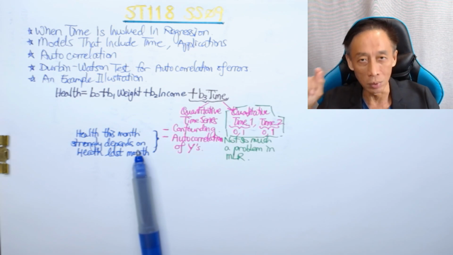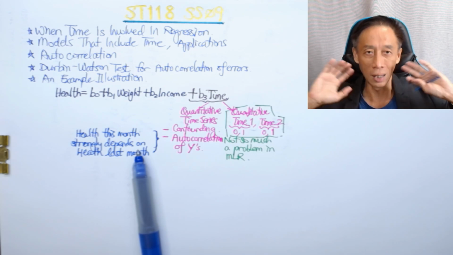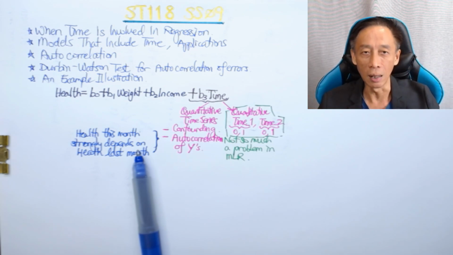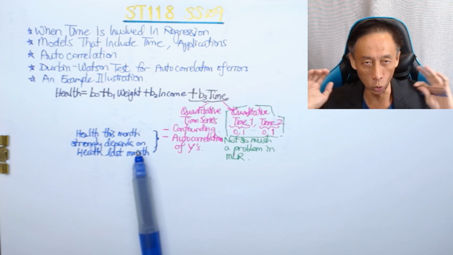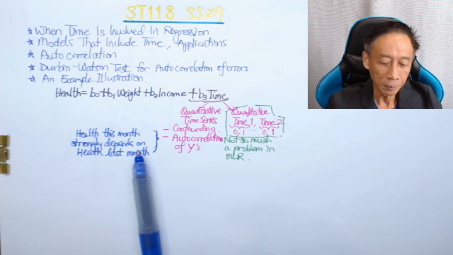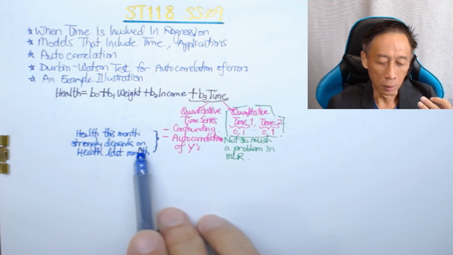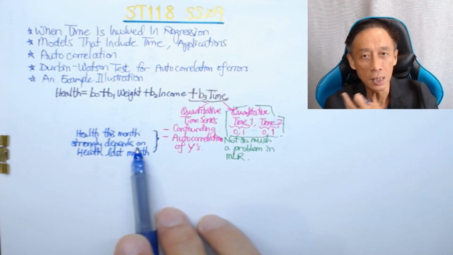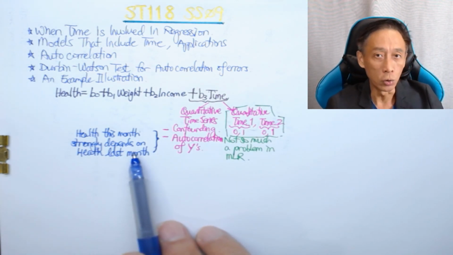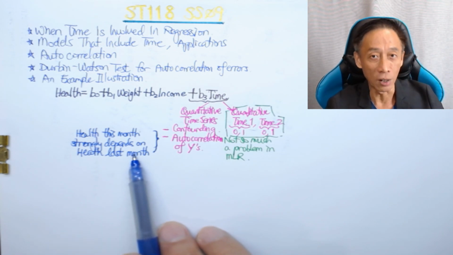You can purposely not take care of your health, but collectively, it won't be the case that the whole population of Singapore, the whole population of a city, won't want to take care of their health. It won't happen that way. So that's why at a society level, the measurements of this population tend to also depend on your previous value.